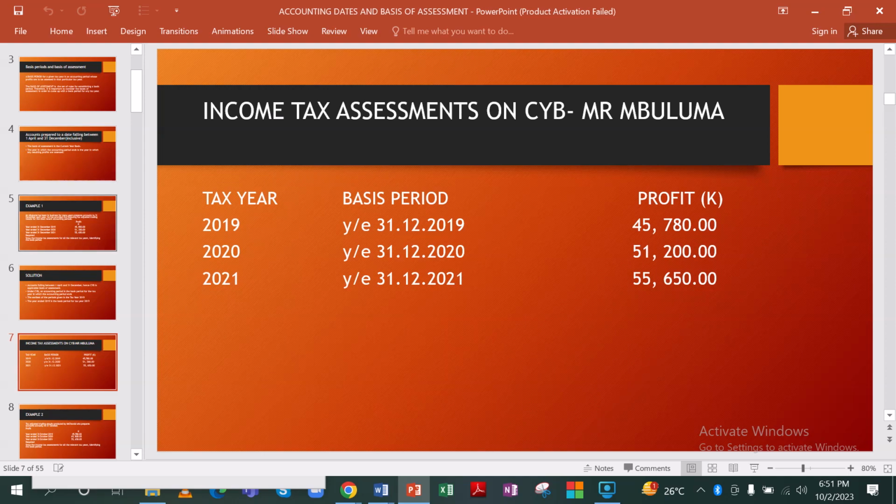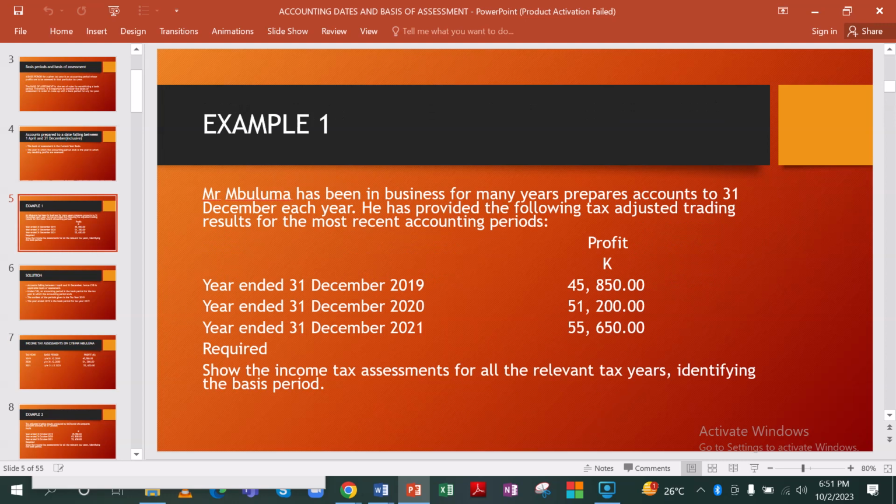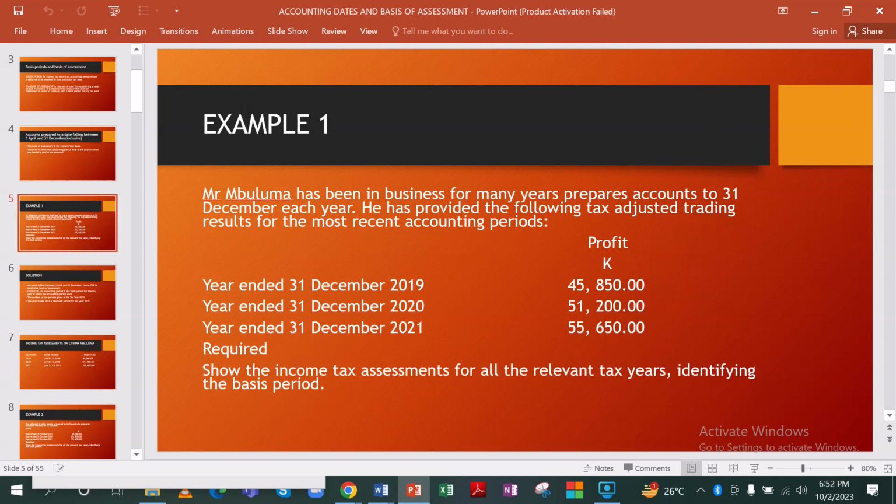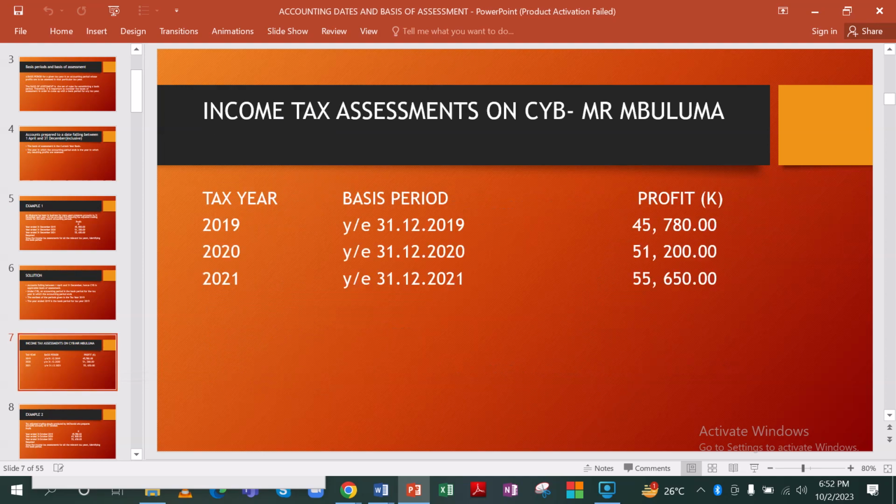The income in the first period, ending 31st December 2019, will be assessed in the tax year 2019 itself, because we are using current year basis. So: tax year 2019, basis period year end 31st December 2019, and the amount is 45,780.